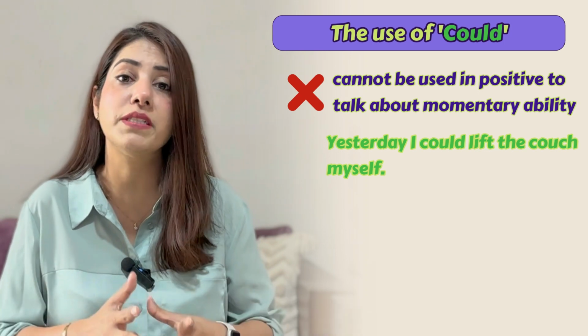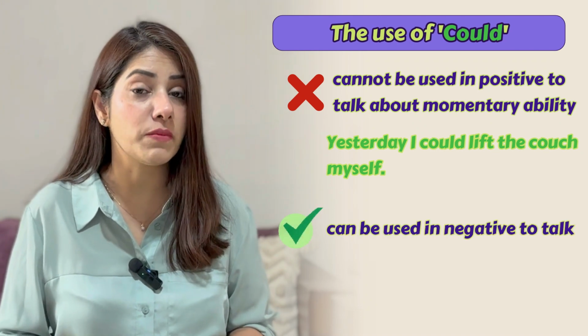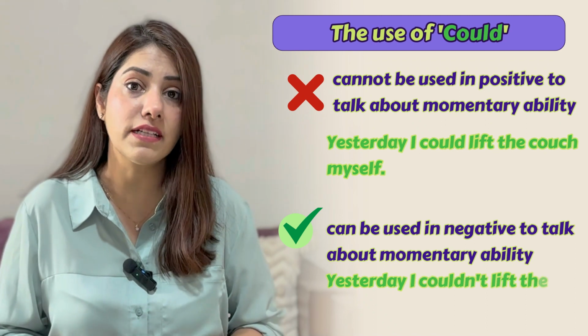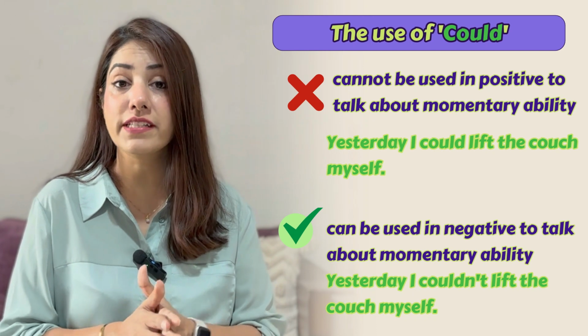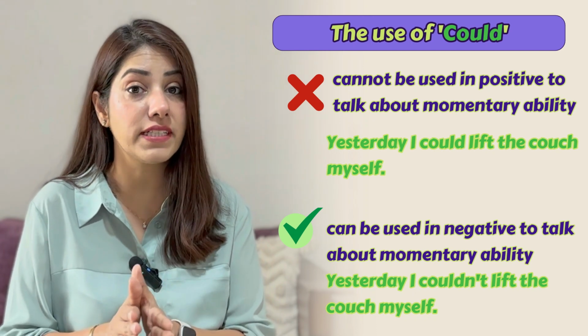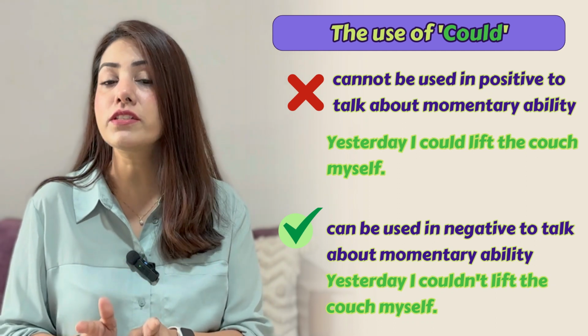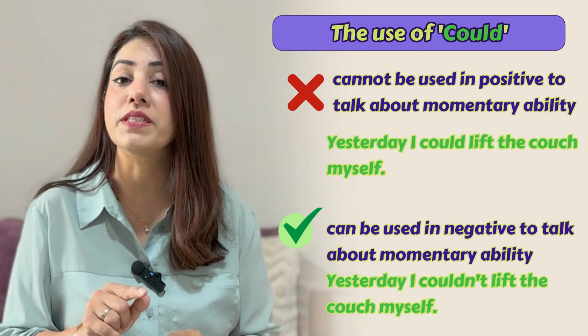It is just the momentary ability. But I can definitely use it in the negative form if I say, yesterday I couldn't lift the couch by myself. So could can be used in negative form to reflect the momentary, short-term ability, but it cannot be used in positive form to talk about the momentary ability.